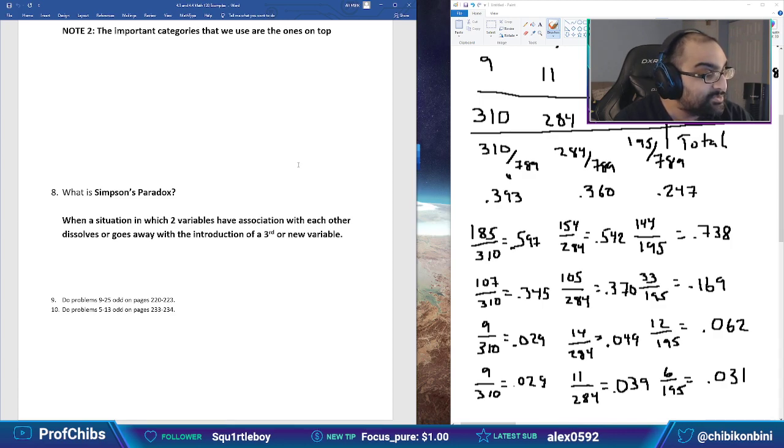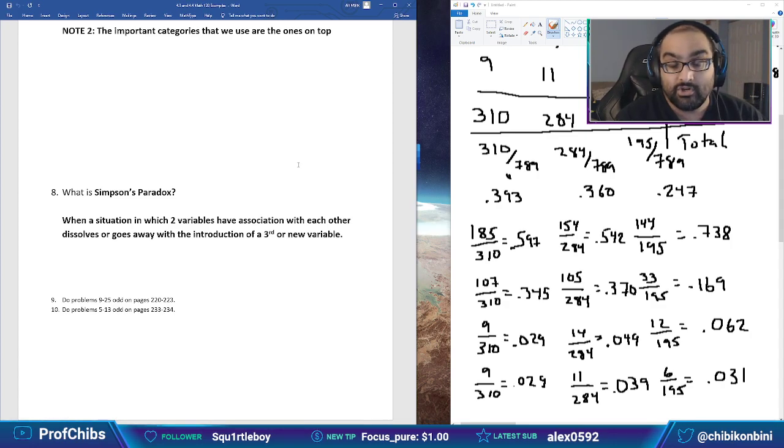Simpson's paradox says, let's say there was a relationship there. It's a situation in which two variables have an association with each other that dissolves or goes away with the introduction of a third or new variable. Say we have a relationship between the opinion of Hispanics and immigration, saying immigration's a good thing.